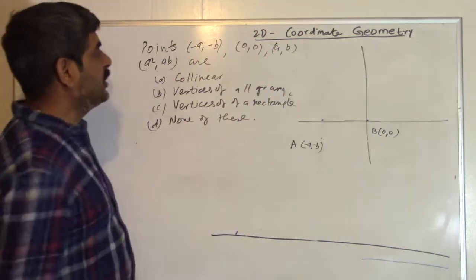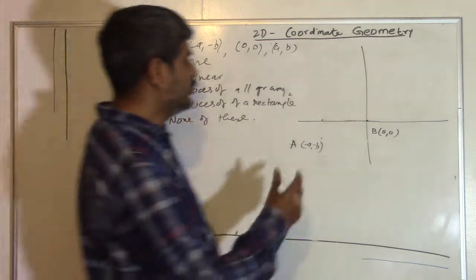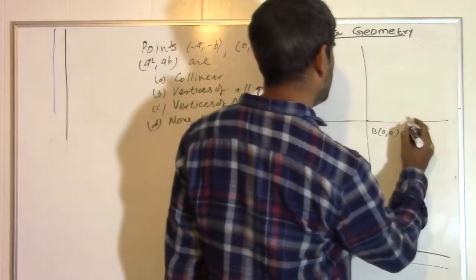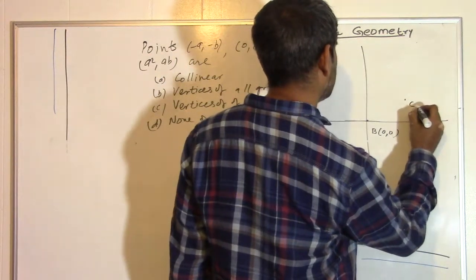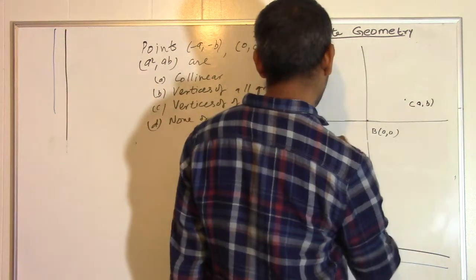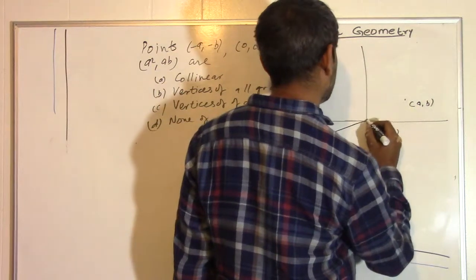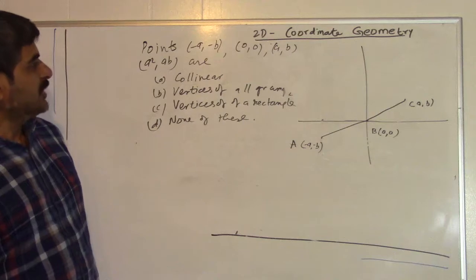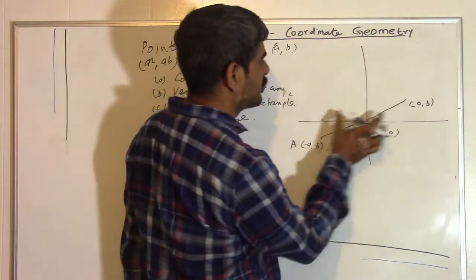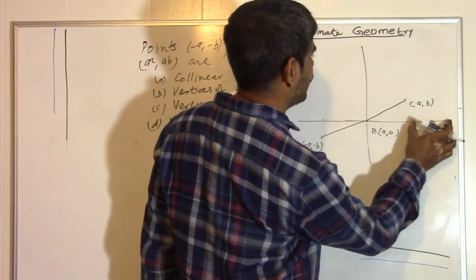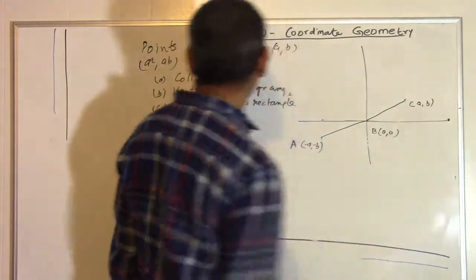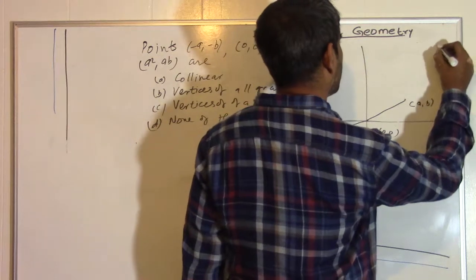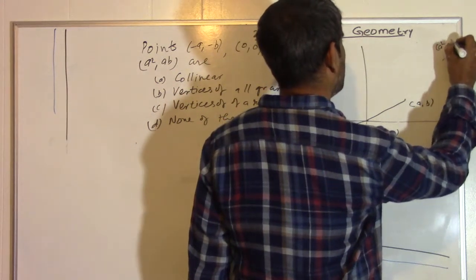Then the third point is (a, b), which means from here we go the same length a and then b here. My point C is (a, b), and now I join these points. My fourth point is a square, so it's double; if a is like this, it will be much beyond here. And finally ab is the multiplication of these, somewhere here.